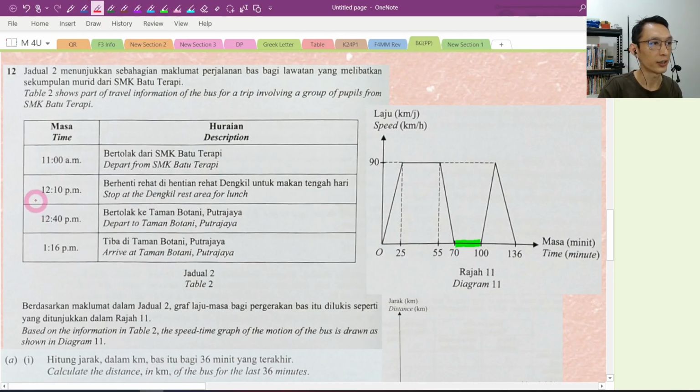That's why you see the gap here is 30 minutes. And then 12:40 depart to Taman Botani, Putrajaya, and 1:16 p.m. arrive at Taman Botani, Putrajaya. Okay. So here is 36 minutes. Yeah, 36 minutes.